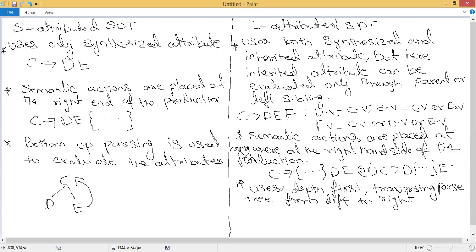In the same way, L attributed SDT uses depth first traversal of the parse tree from left to right.